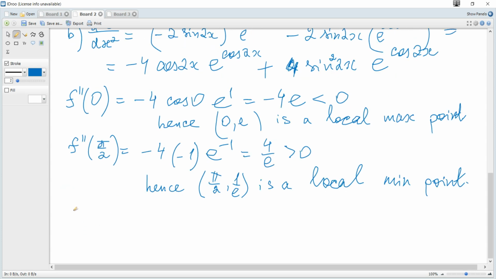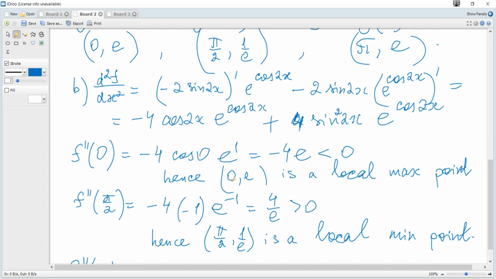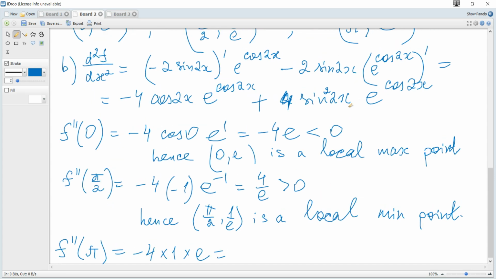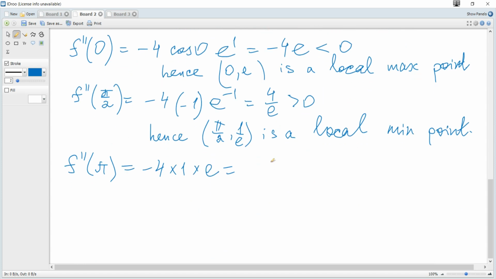And the second derivative at pi becomes -4 cosine of 2 pi, which is 1, and e to the power of 1. And again the sine term is 0, and for the previous one also, 2 times pi over 2, it's sine of pi, which is also 0.